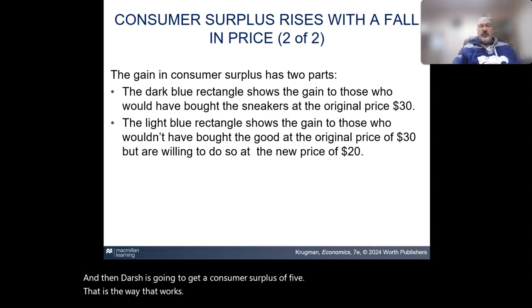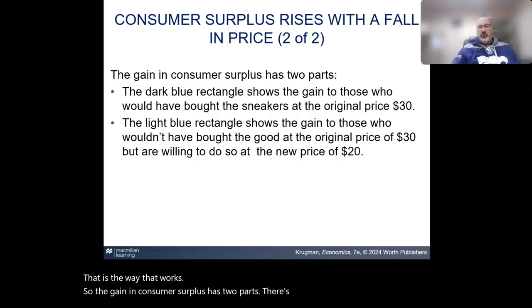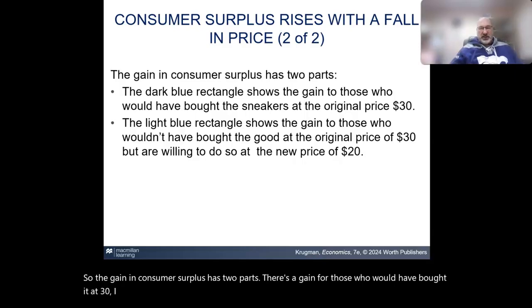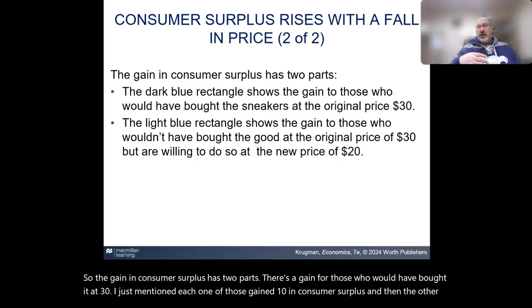So the gain in consumer surplus has two parts. There's a gain for those who would have bought it at 30. I just mentioned each one of those gained 10 in consumer surplus. And then the other piece is the new entrant, which is Darsh. He is going to enter the market and buy some now too.